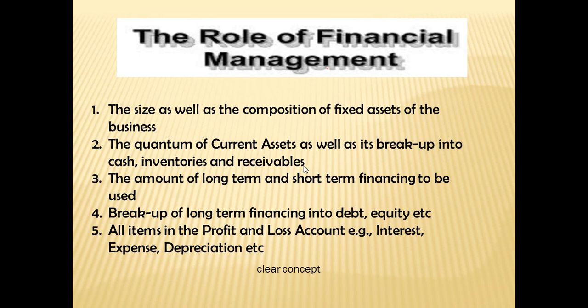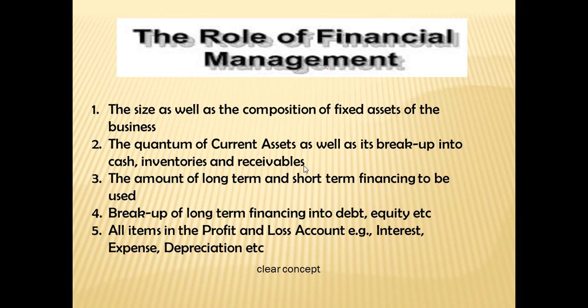Now the next point, that is the amount of long-term and short-term financing to be used. All the financial needs of a business are fulfilled through the long-term and short-term sources. Under the financial management, a proportion of both the financial sources is determined.